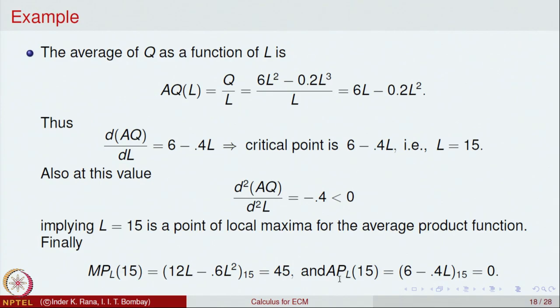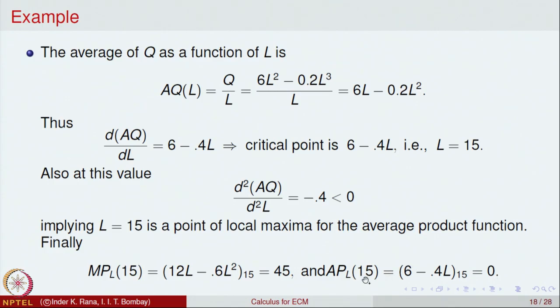And similarly, the average of L at 15. This average is 6 minus 0.4 L. Evaluated at 15, that comes out to be 0.